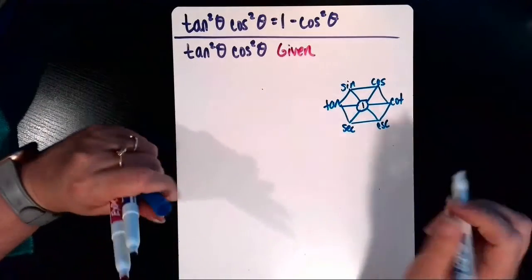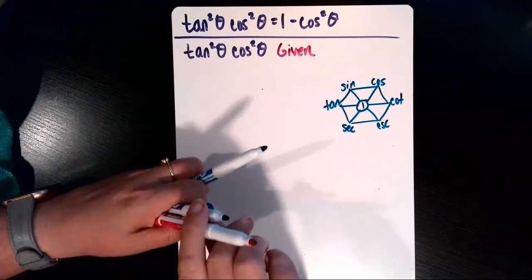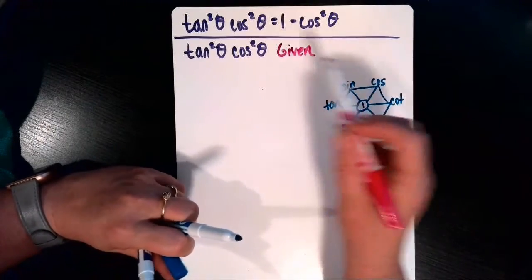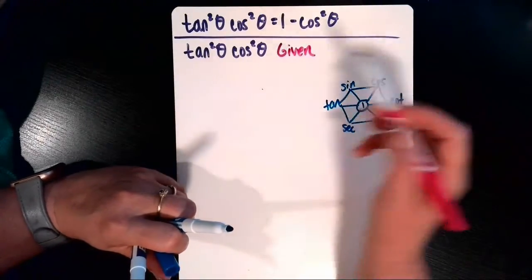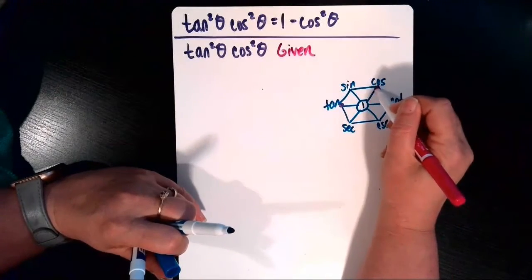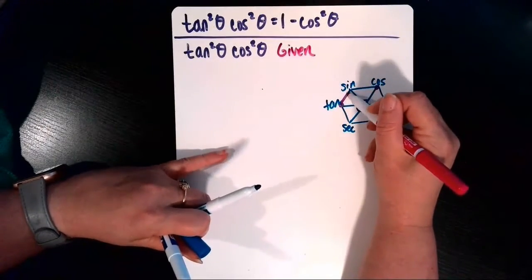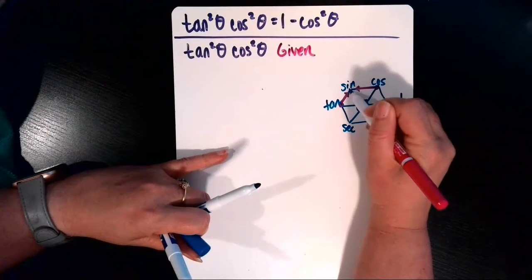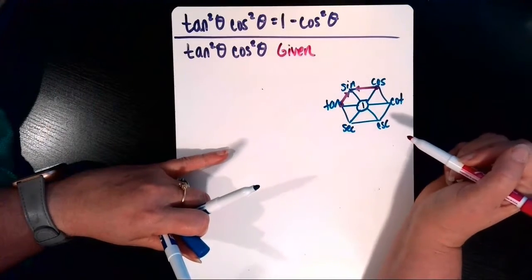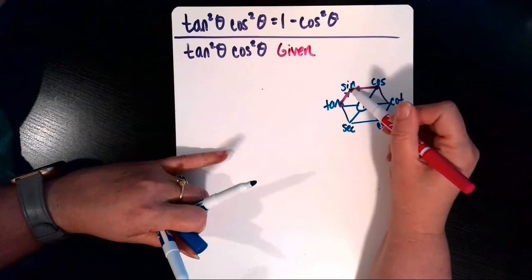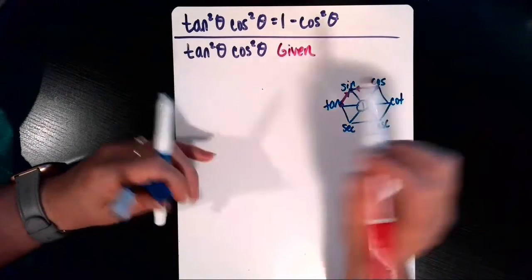If we look on our hexagon for the things that we've got, we have a tangent here and a cosine here, and when they are to the left and right of another vertex, they're a product identity. So the product of tangent times cosine is the sine function.